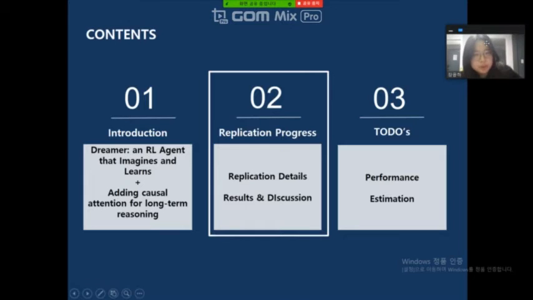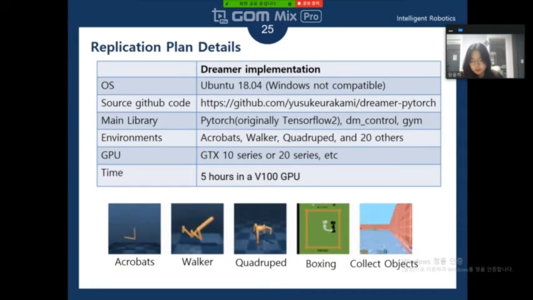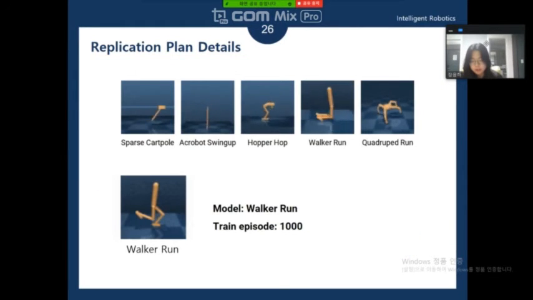Let's start with the replication progress. As we mentioned earlier, the specification we used are these. The difference from the original paper here is that we implemented not a TensorFlow version, but a PyTorch version. And we replicate the walker model among the various models used in the Dreamer.